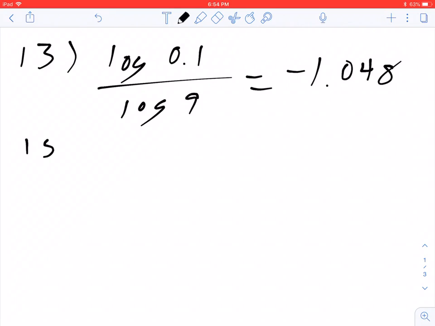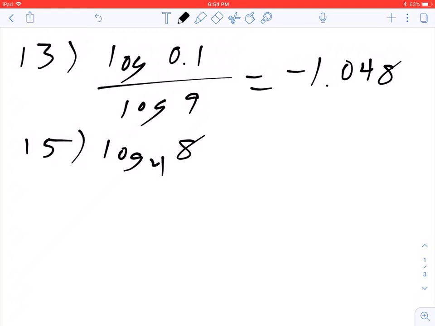Number 15 says in exercises 15 through 20, use the properties of logarithms to write and simplify the logarithmic expression. So what we have here is log base 4 of 8.